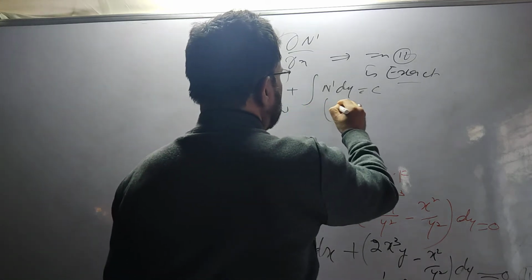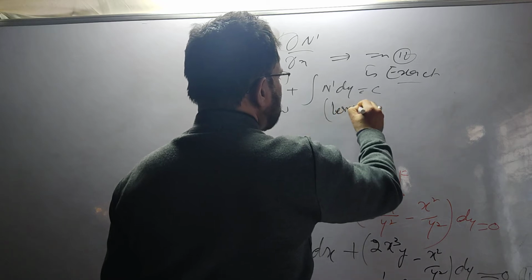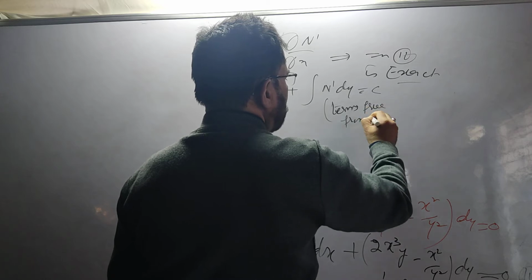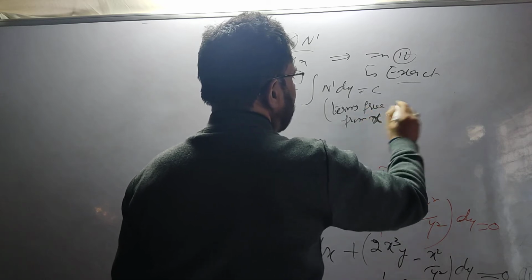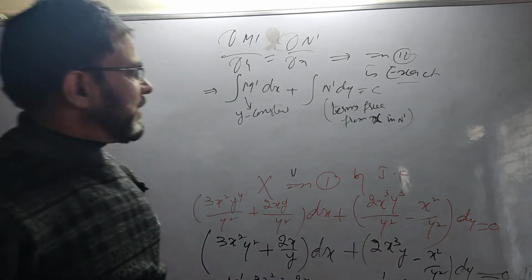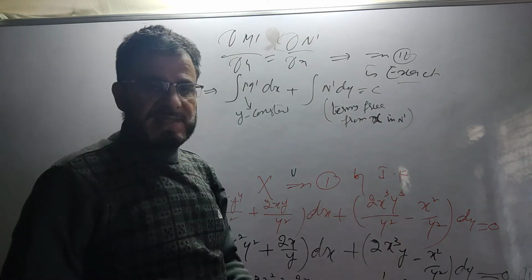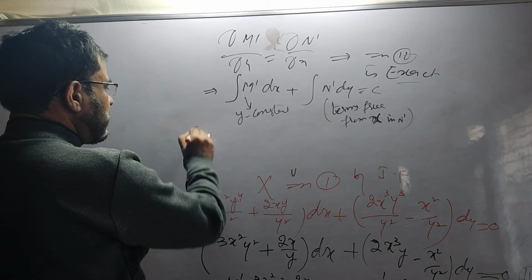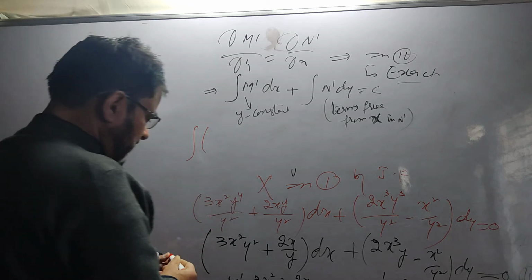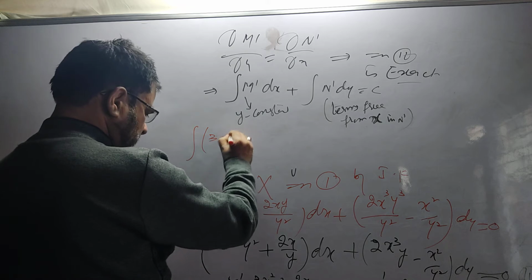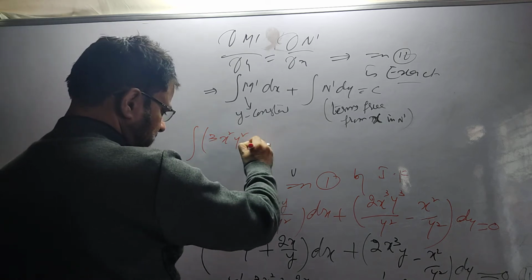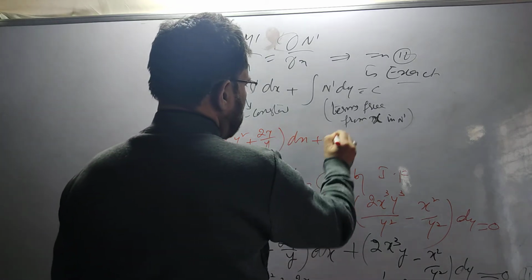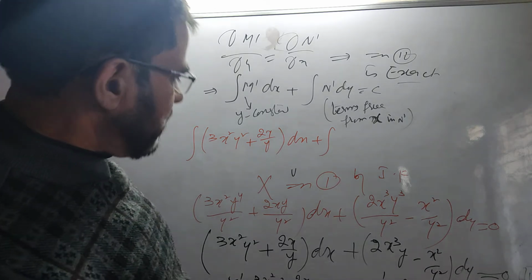So the integral of 3x square y square plus 2x by y dx, plus the integral of those terms from N dash which do not involve x.